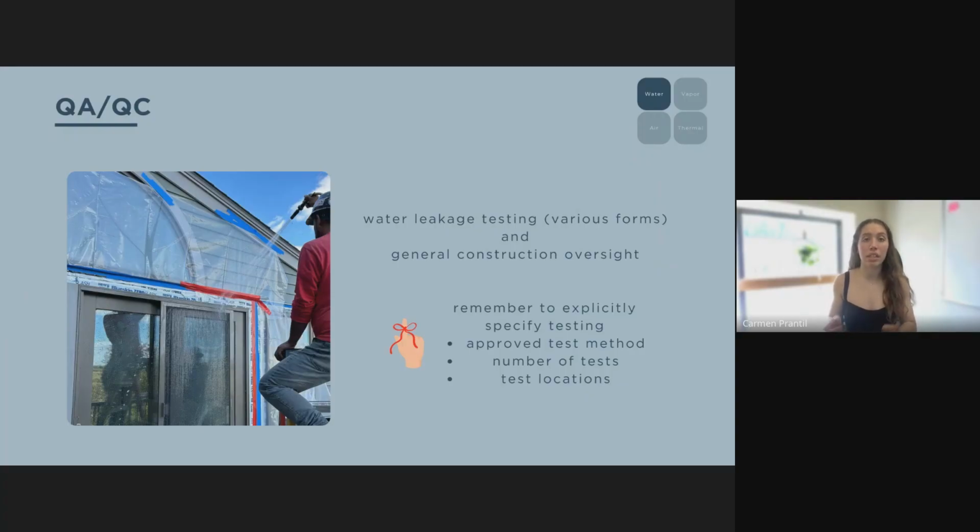So include things like the approved test method. What type of water testing are we doing? We want to see things like the number of tests that we're looking to see, test locations, maybe also when you want to be doing these tests. If you just say flat out, I want water testing done, they could come along and do it at the very end. So when do you want to see this done? Explicitly put that in your documentation.